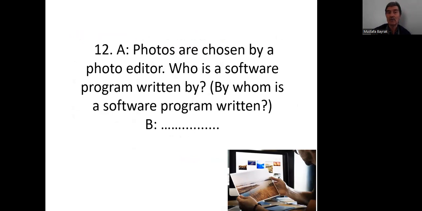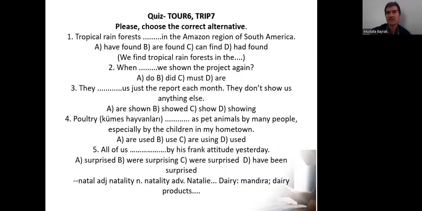A software program is written by the columnist of the company, by Ahmed Bey, yes. Who is the software program written by? The software program is written by Ahmed Bey. This is his job.